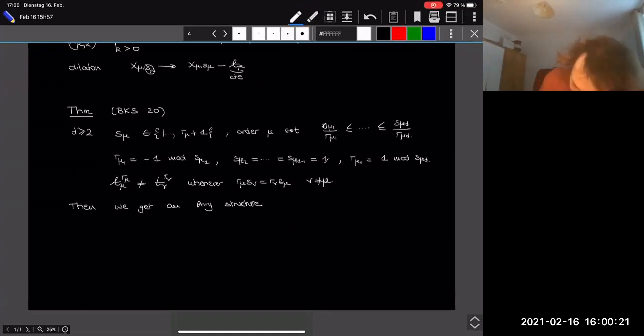And this corresponds, you can also do the spectral curve description. It corresponds to the spectral curve equation. So I will write like this.